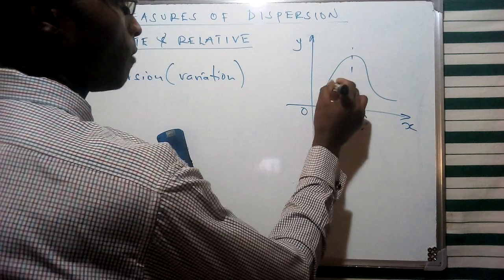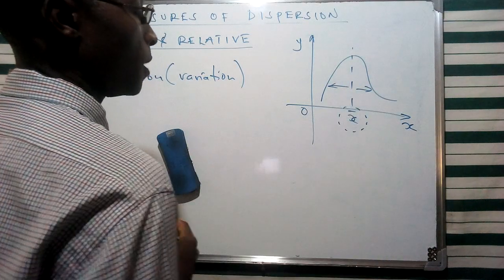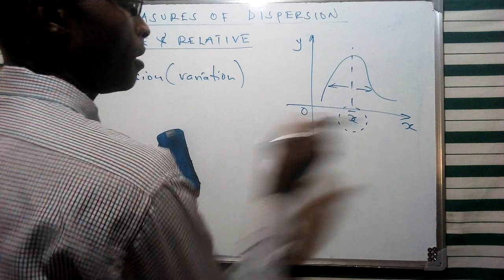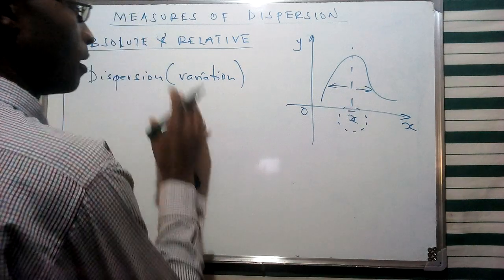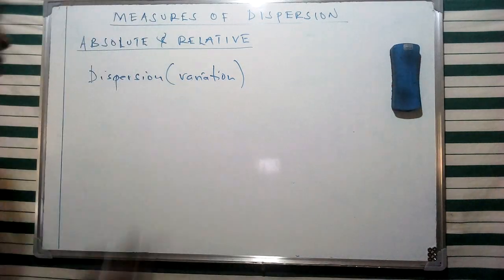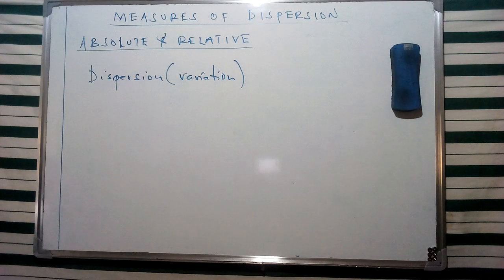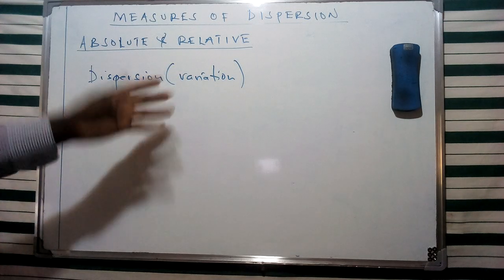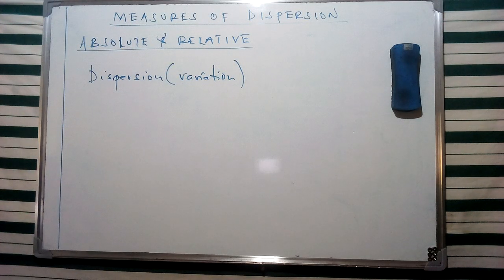And therefore, the spread or the scatter of this specific range of values around this can be given in terms of dispersion. And therefore, that's going to make up for what we refer to as a scatter, or the spread of items of a specific distribution about an average value.